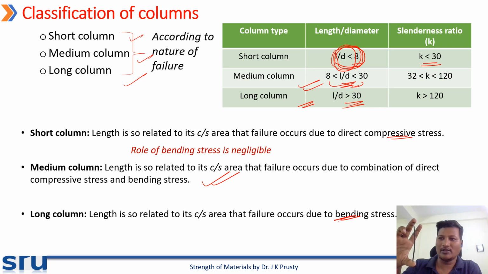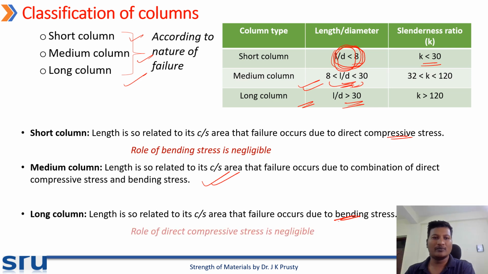Here the column becomes unstable. You can understand it easily here. This is called buckling of the column. So in a long column, the role of direct compressive stress is negligible.